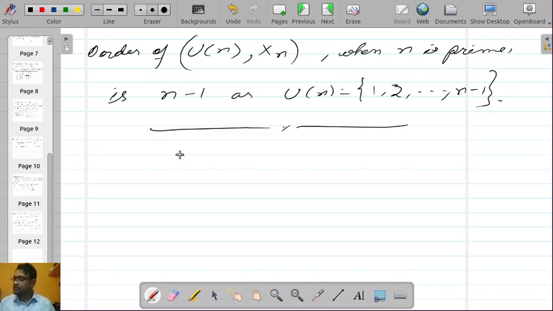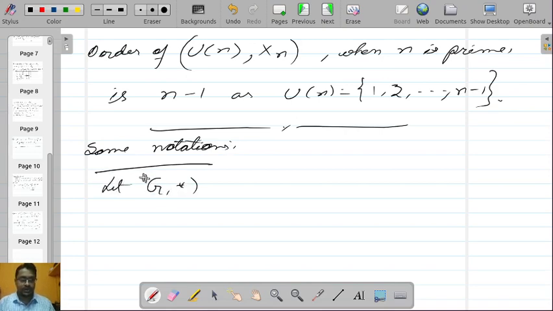Then there are some notations which we will adopt. Let (G, *) be a group.